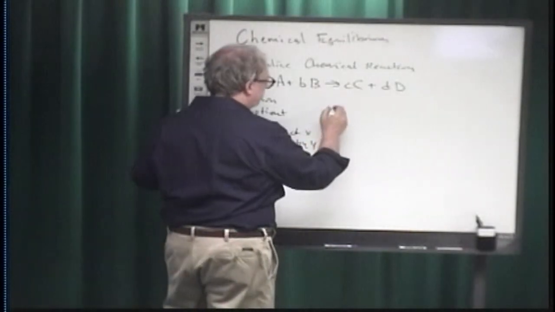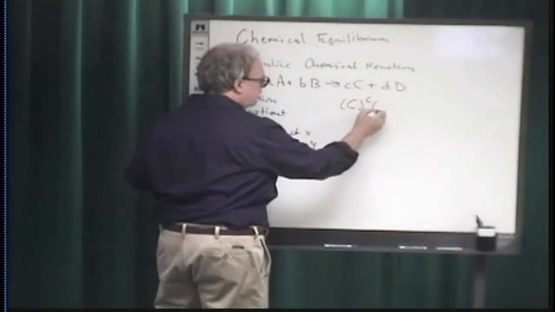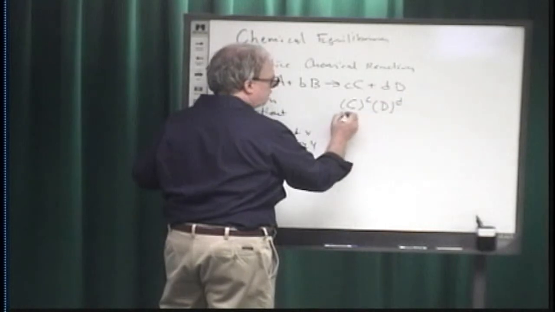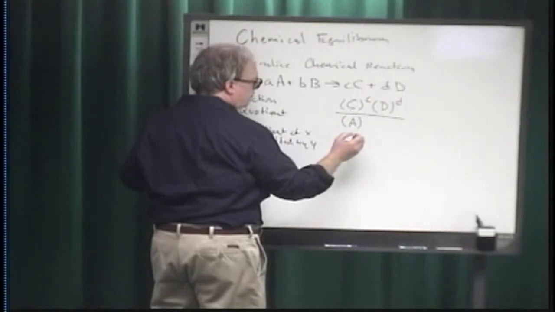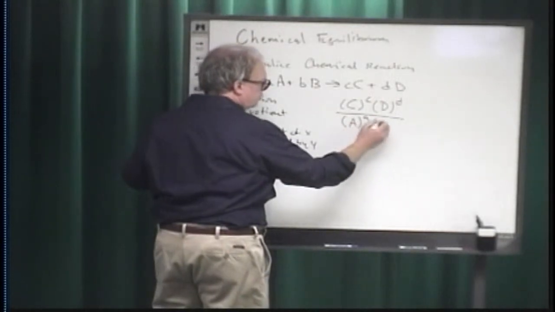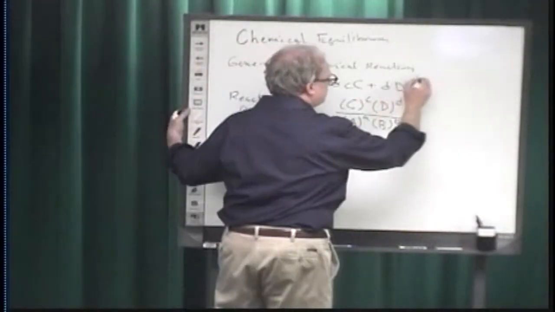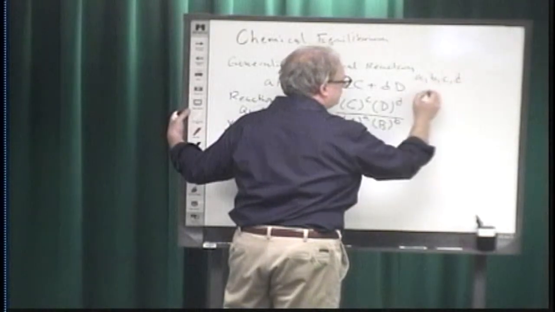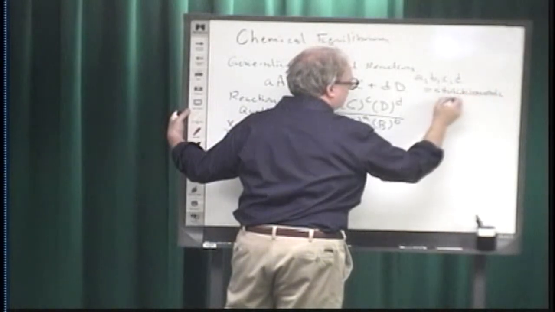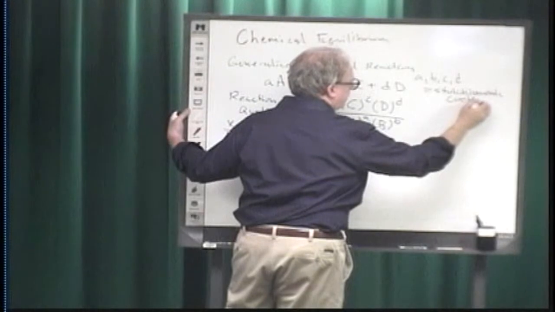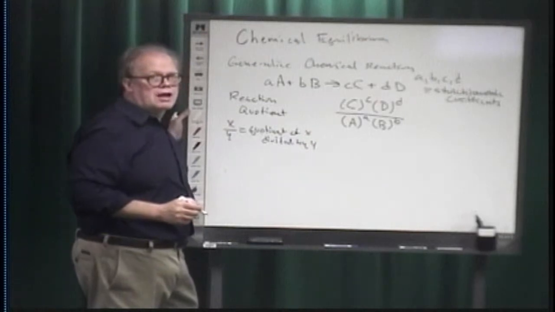So the reaction quotient is the product of the concentrations of the products raised to their stoichiometric coefficients, divided by the product of the reactants raised to their stoichiometric coefficients, like this, okay? Where these lowercase letters, of course, are the stoichiometric coefficients, which you determine by balancing the chemical reaction, all right?